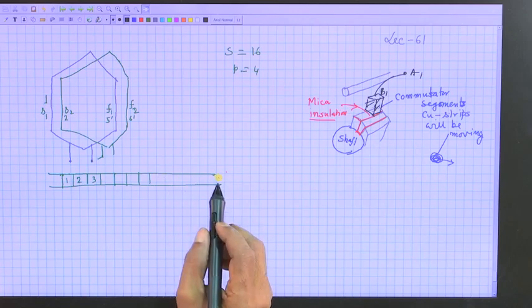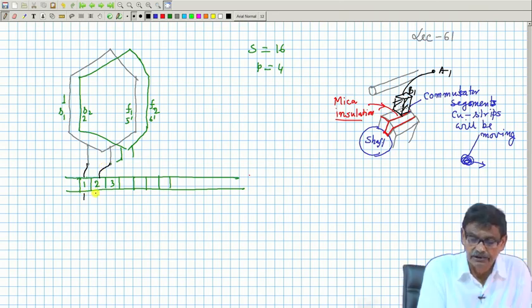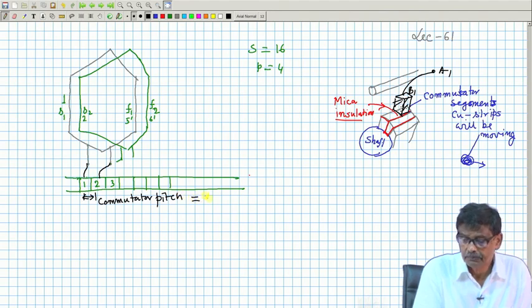There will be commutator segments here, and each coil, suppose S1 and F1 is a coil, its two ends will be terminated here and there. The difference in the commutator segments where the coil ends of a particular coil are terminated, this length, is called the commutator pitch, which is denoted by YC.